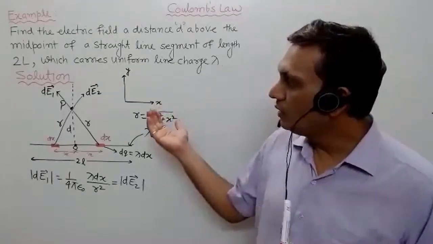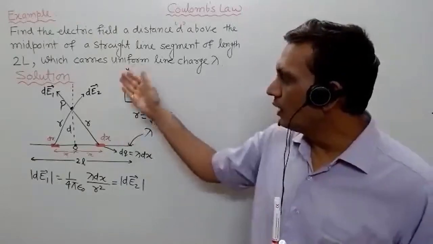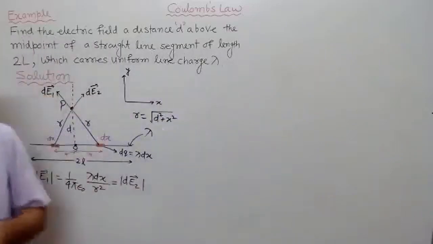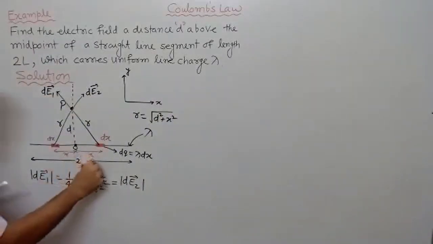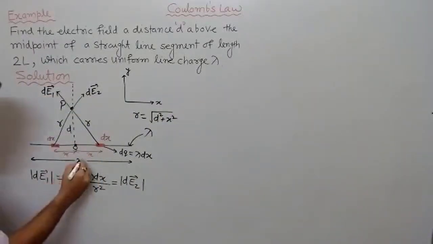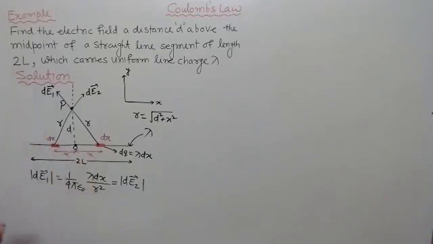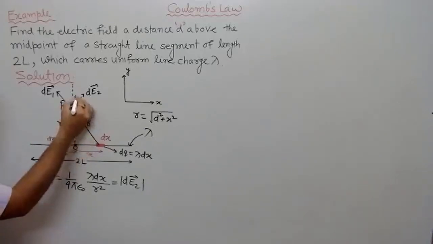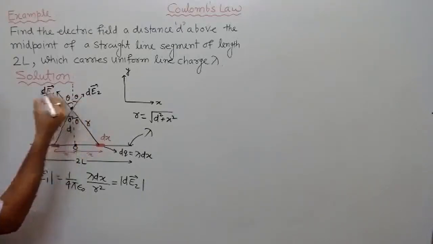So you have to resolve dE1 and dE2 along x and y directions. I have taken this length as capital L, so this is 2L. Assume this angle is theta. This angle is also theta. I have assumed this.